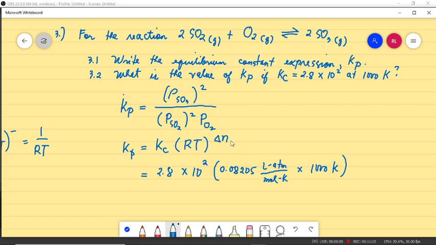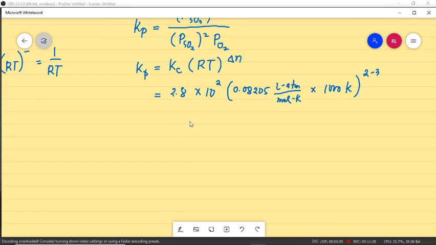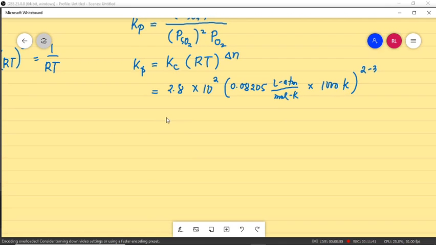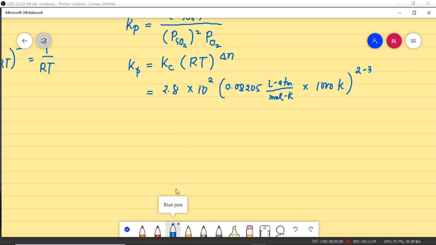So what is our delta N? We have 2 minus 3, and that's negative 1. Okay, so we have 2.8 times 10 to the power of 2. Okay, we will transfer this term here at the denominator.